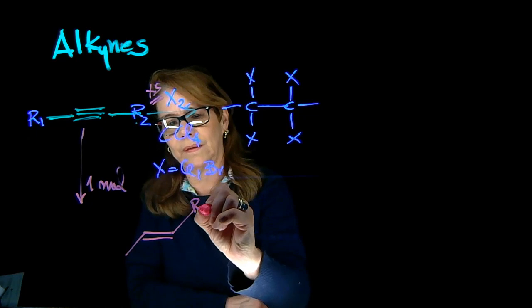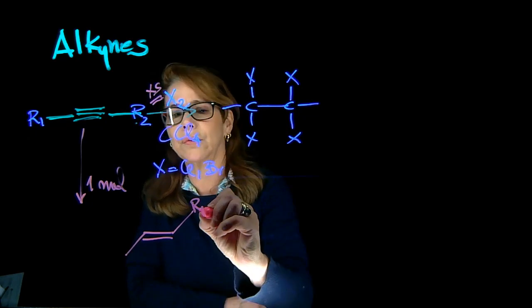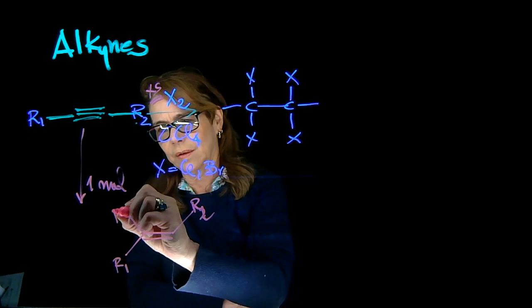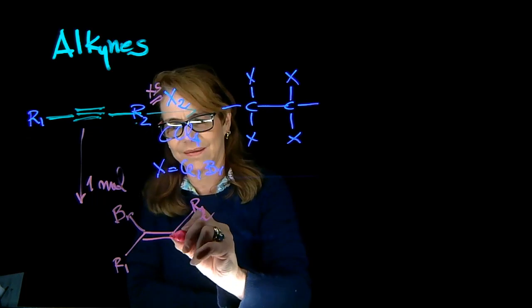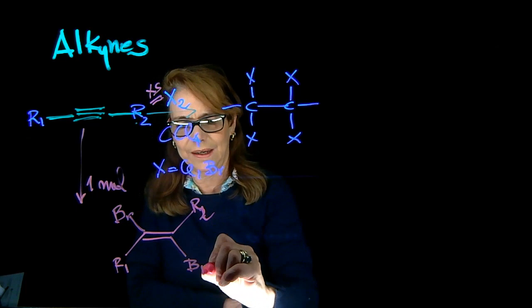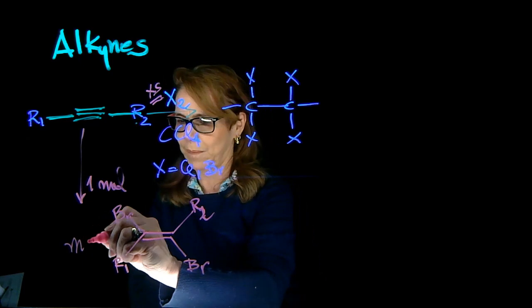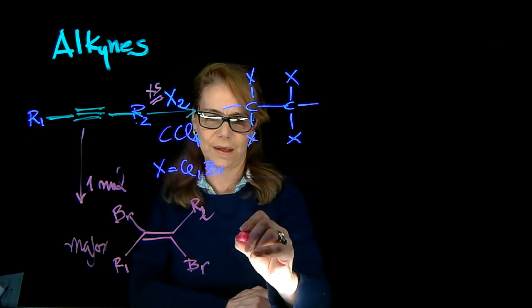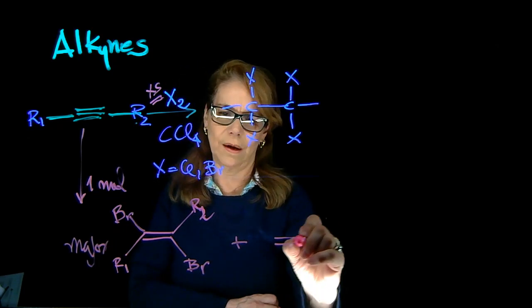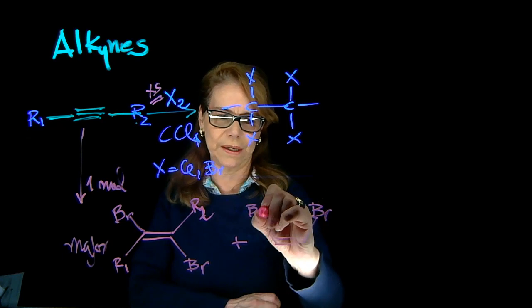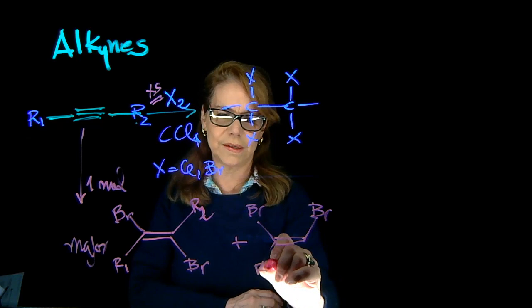Say that this is R1 and R2 in this case. You will have the bromines on opposite sides, and that is the major product, and you will also have the other product in which the 2 bromines are added to the same side.